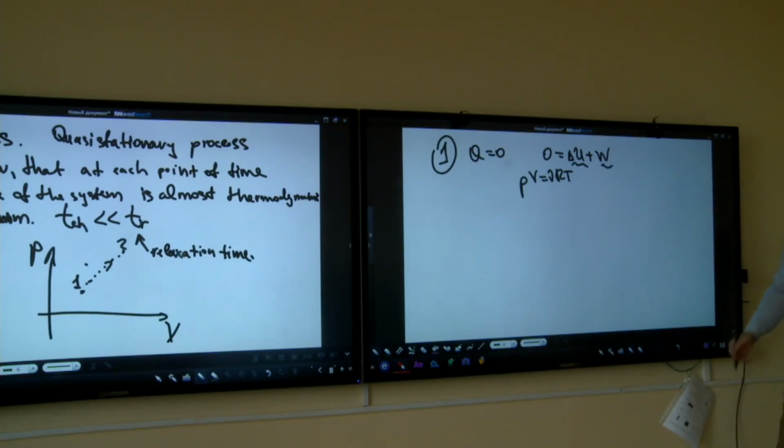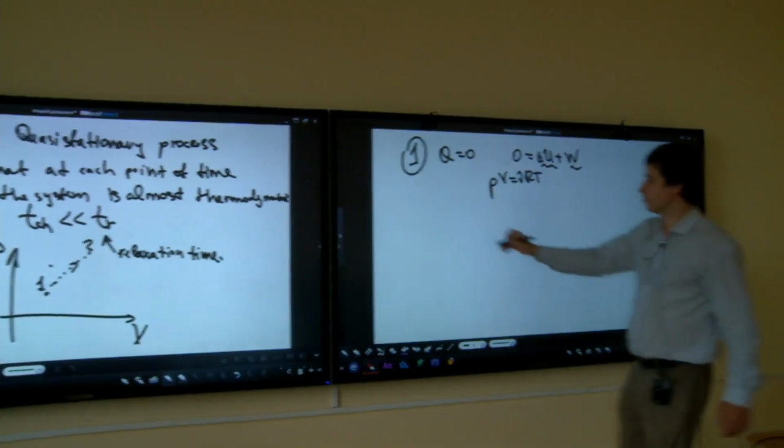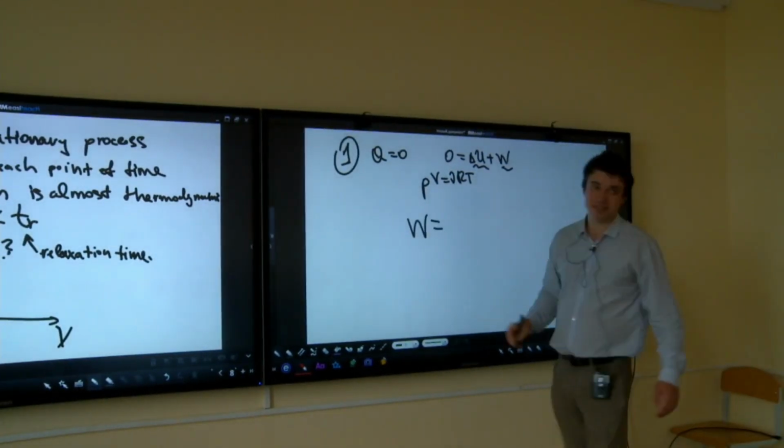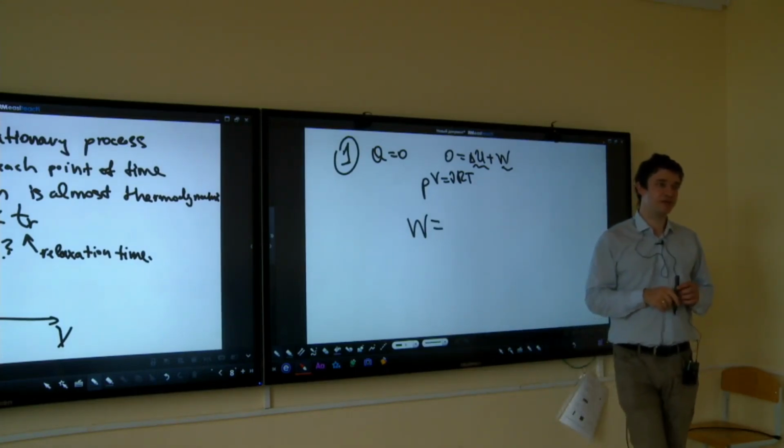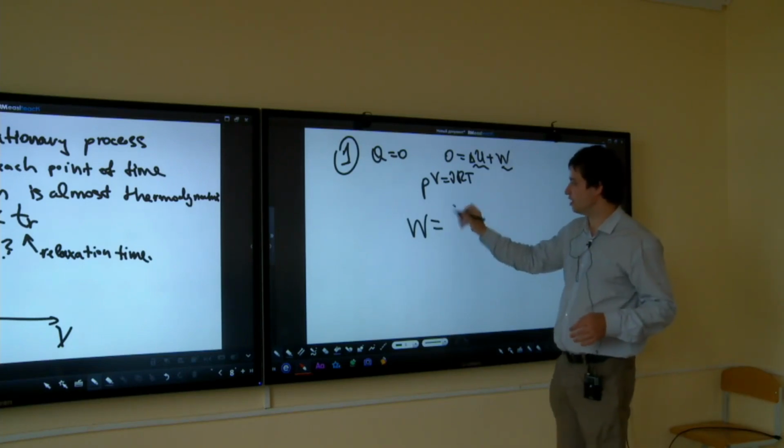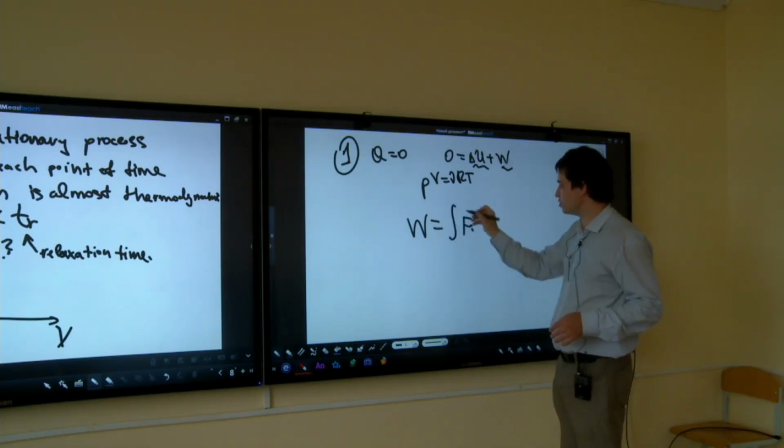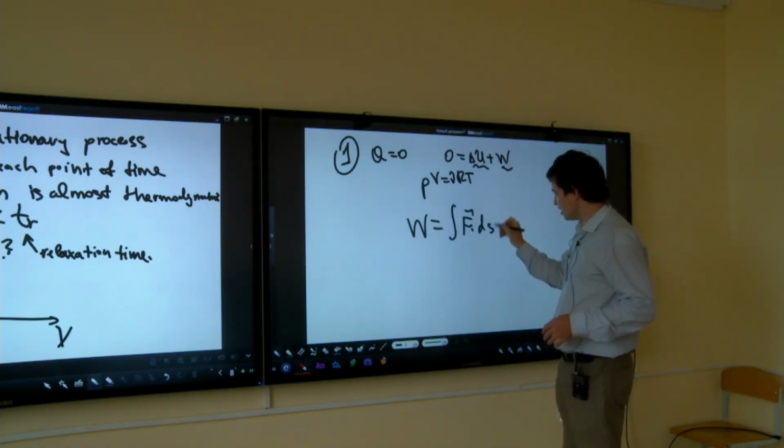Okay, for example, W can be determined because W is the mechanical work done by the gas. And mechanical work, by definition, is, remember mechanics, something like the integral of the force times the displacement.